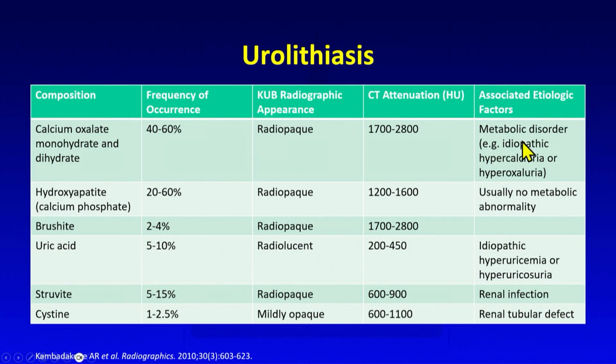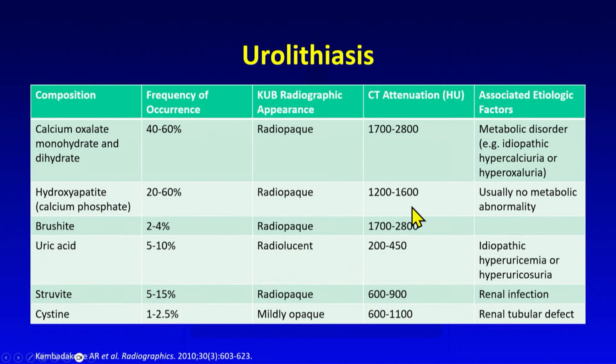The stones come in different flavors. The most common type would be calcium-based stones, which account for up to 60%. They are radiopaque with Hounsfield units more than 1,000, and there may or may not be any underlying calcium metabolism disorder. Uric acid stones are classically radiolucent on KUB, but on CT they will still look dense.